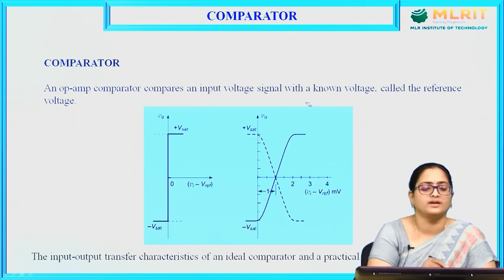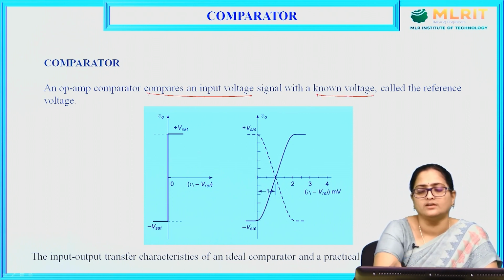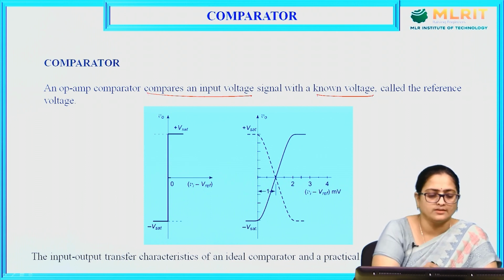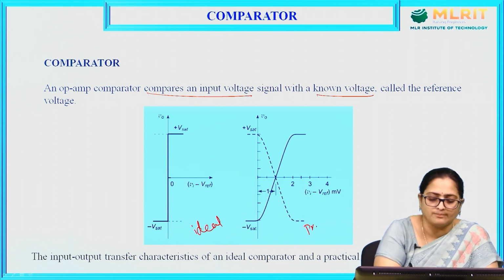An op-amp comparator compares the input signal with a known reference voltage. These are the ideal and practical comparator transfer characteristics.